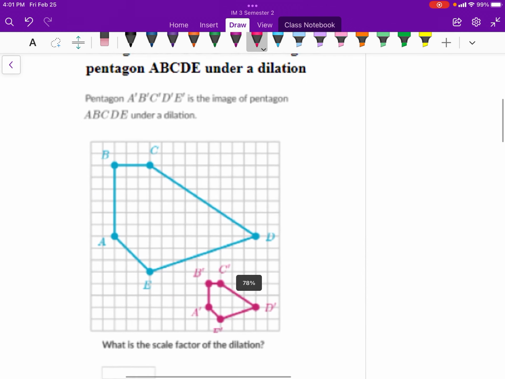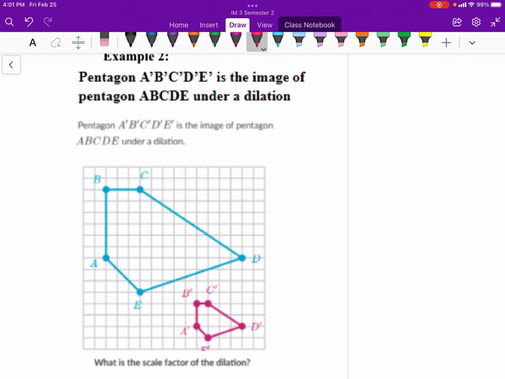So let's go ahead and move on to the next one. This one says pentagon A prime, B prime, C prime, D prime, E prime is the image of pentagon A, B, C, D, E under a dilation. So the pentagon in blue is the original one.